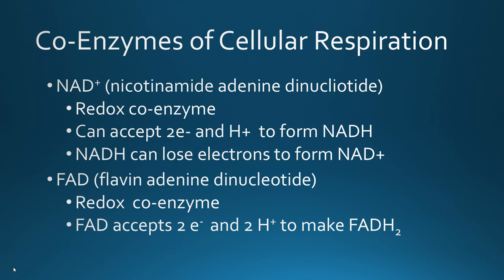Your coenzymes in cellular respiration are NAD plus and FAD. NAD plus will accept 2 electrons and 1 hydrogen ion to form NADH. The reverse process is also possible. FAD accepts 2 electrons and 2 hydrogen ions to make FADH2.